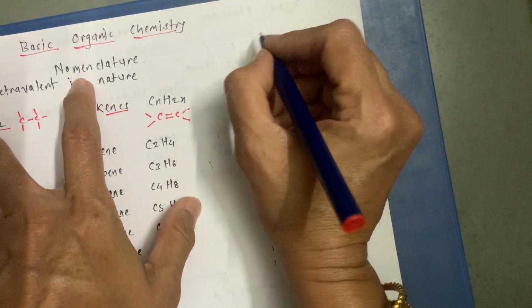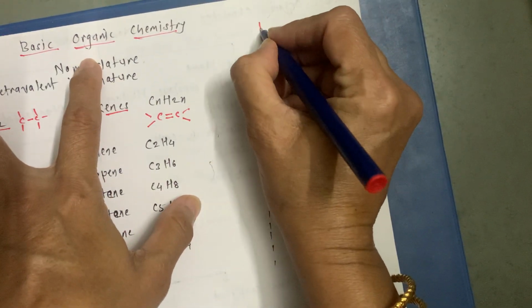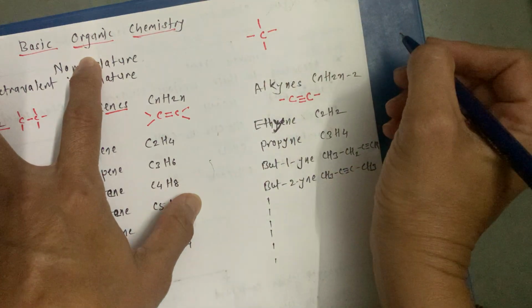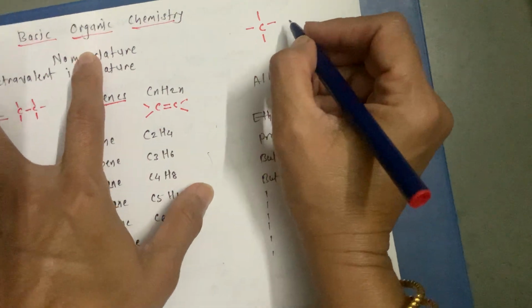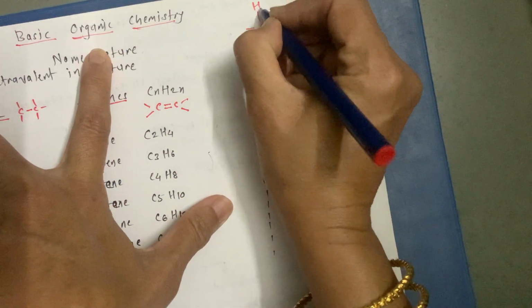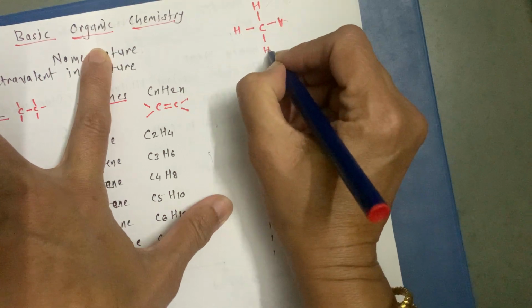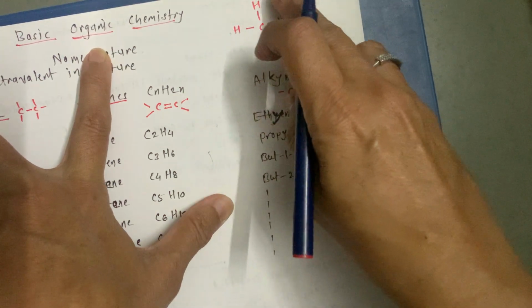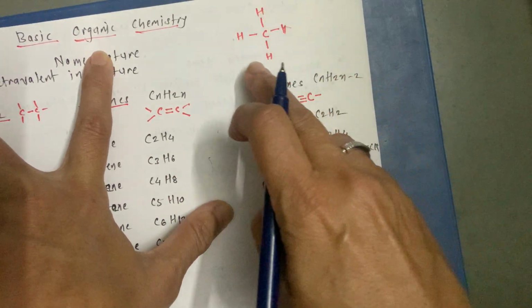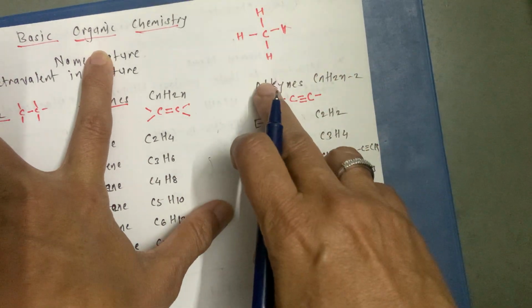All this is due to the tetravalency of carbon. What does that mean? Carbon can join 4 bonds like this, and in methane we can write CH4. Carbon has 4 valency, that's why it is attached to 4 hydrogens. Why is this so?